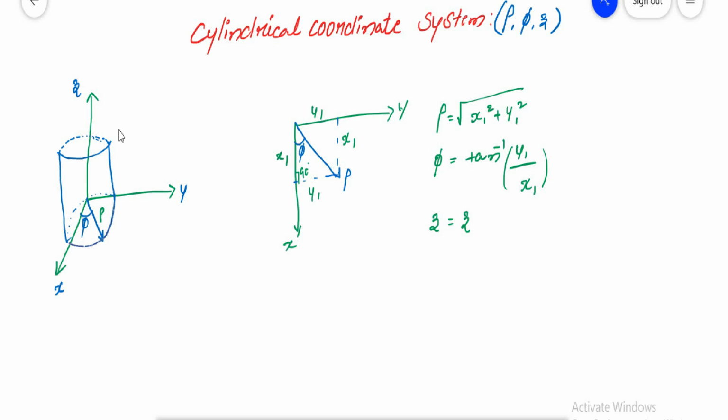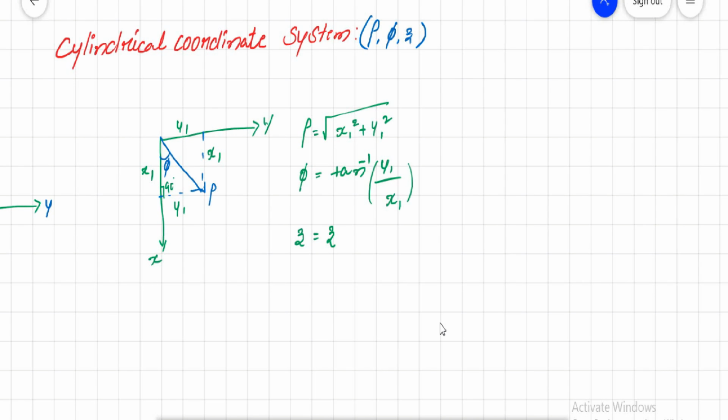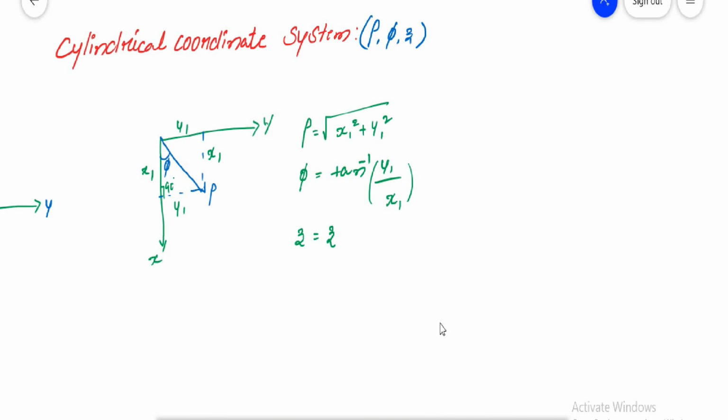Next let us find the rectangular coordinates in terms of cylindrical coordinates. Let us consider the rectangular coordinates, this is your x and this is your y, and here you have a radius vector, that is rho, which makes an angle of phi.